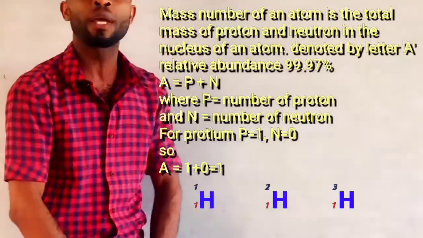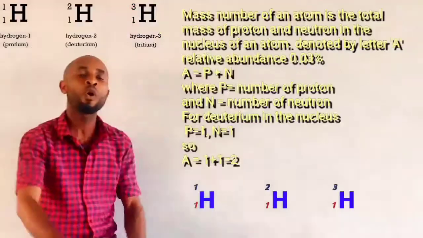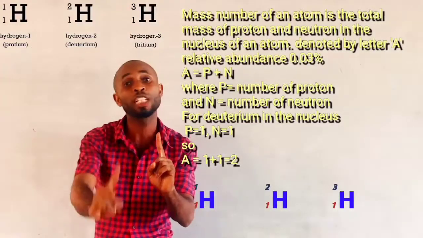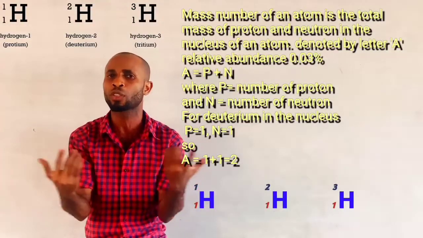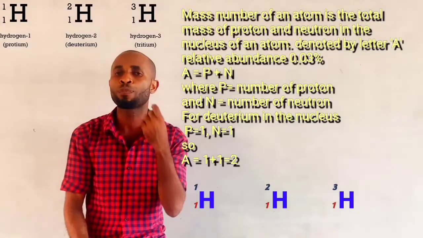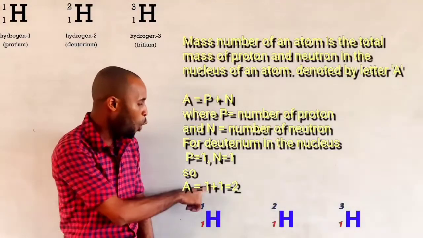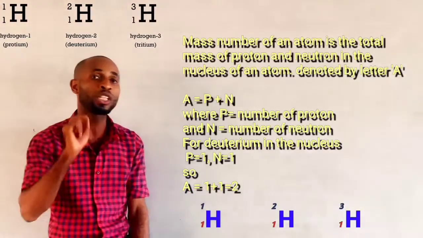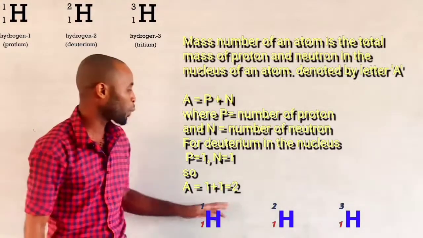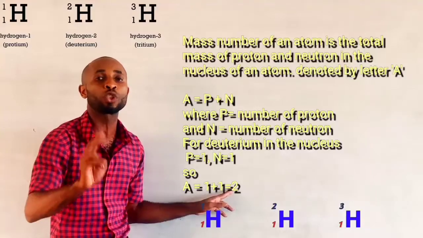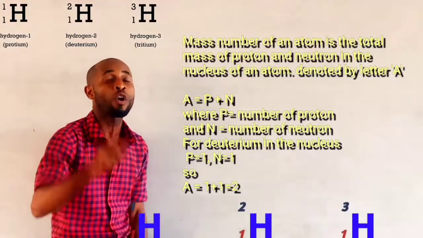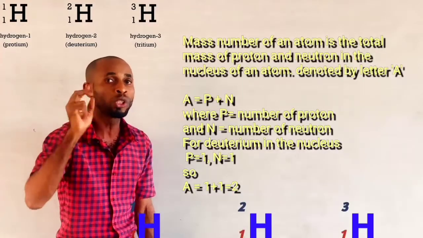Now, when we go to deuterium, we have 1 proton and 1 neutron. Since we know that mass number is the summation of the number of protons and neutrons, here we have 1 plus 1 to give us 2. That is why the mass number of deuterium is 2, and its name comes from the word two, deuterium.